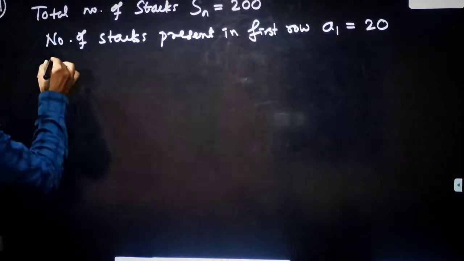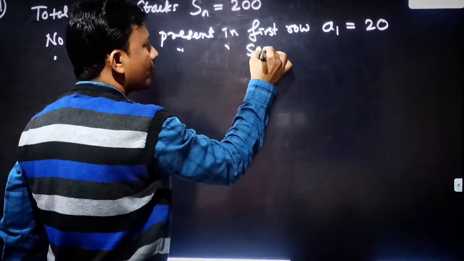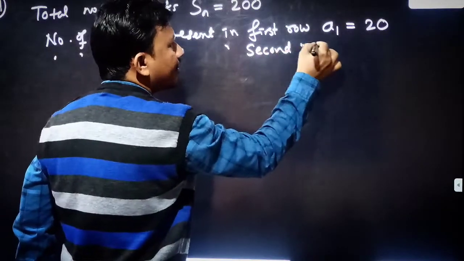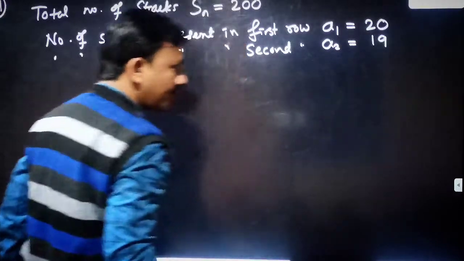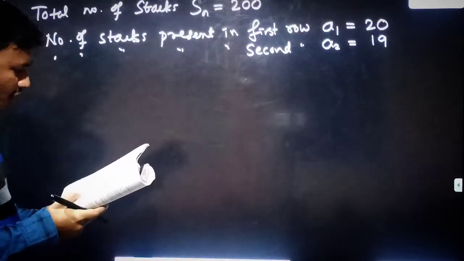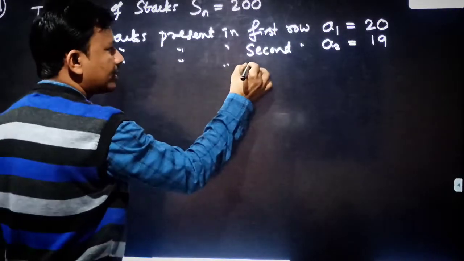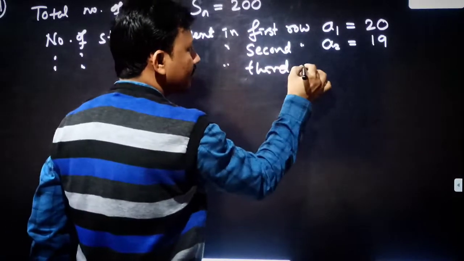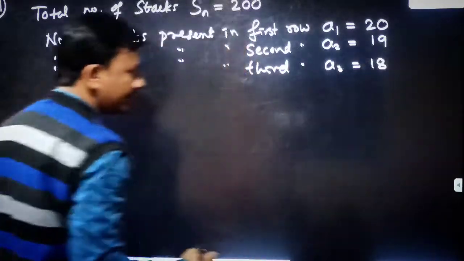Second one, number of stacks present in the second row. A2 is equal to 19. Then and so on. Number of stacks present in the third row. A3 is equal to 18.